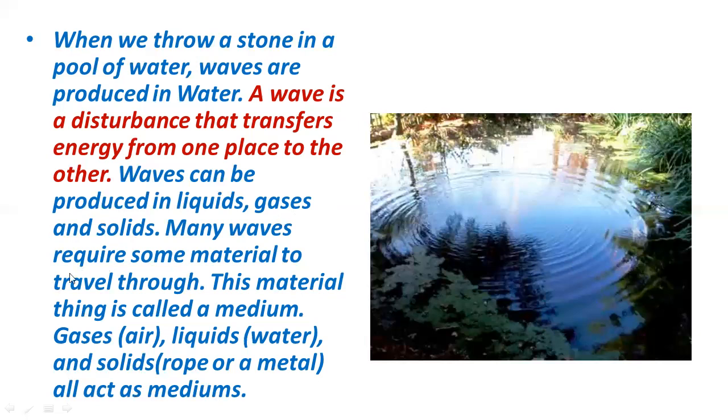Many waves require some material to travel through, and this material is called a medium. A medium is compulsory for waves to be produced. Gases like air, liquids like water, and solids like rope or metal all act as mediums where waves are produced.